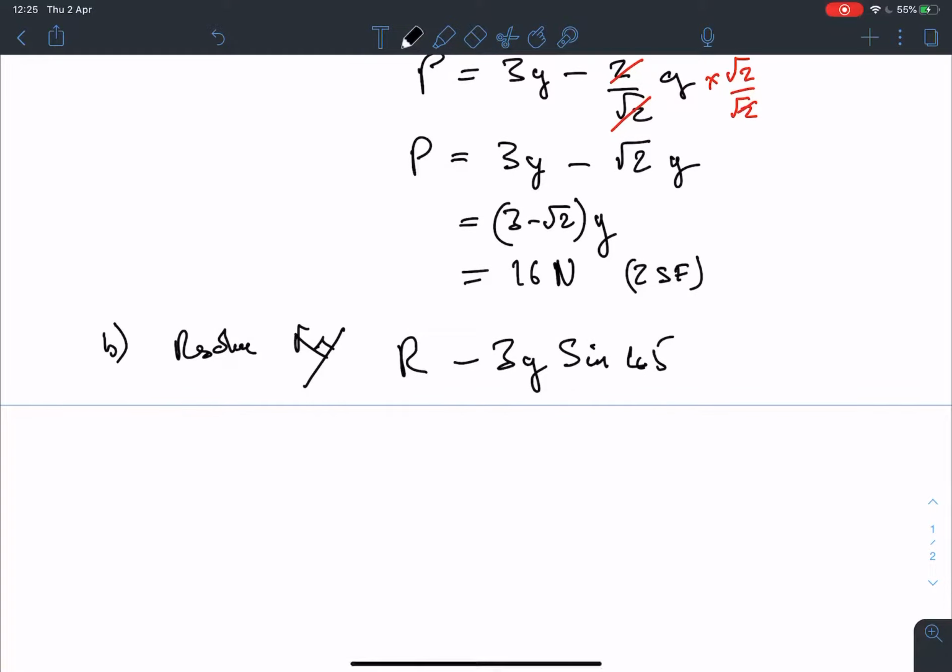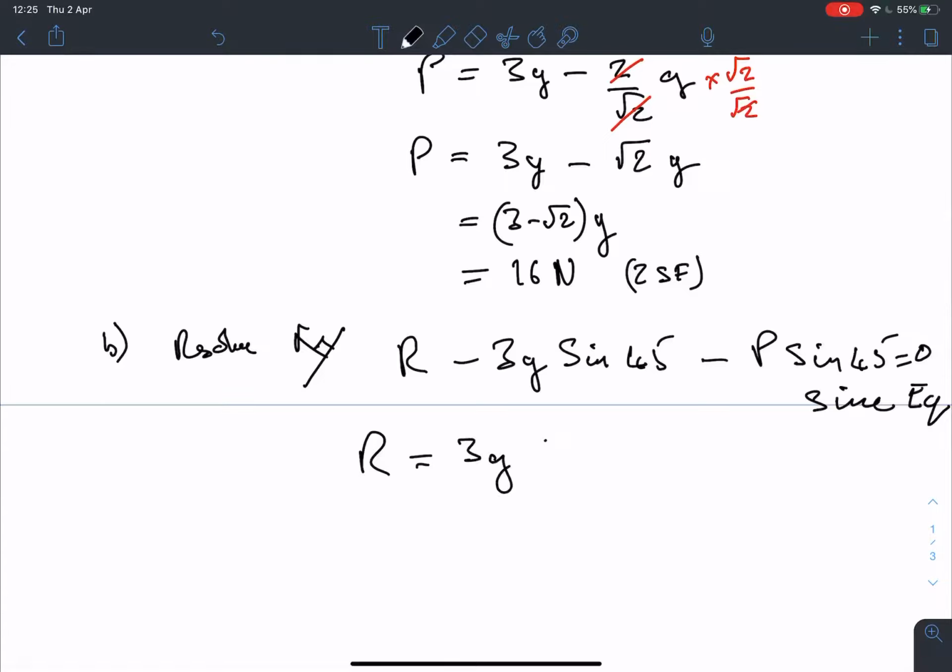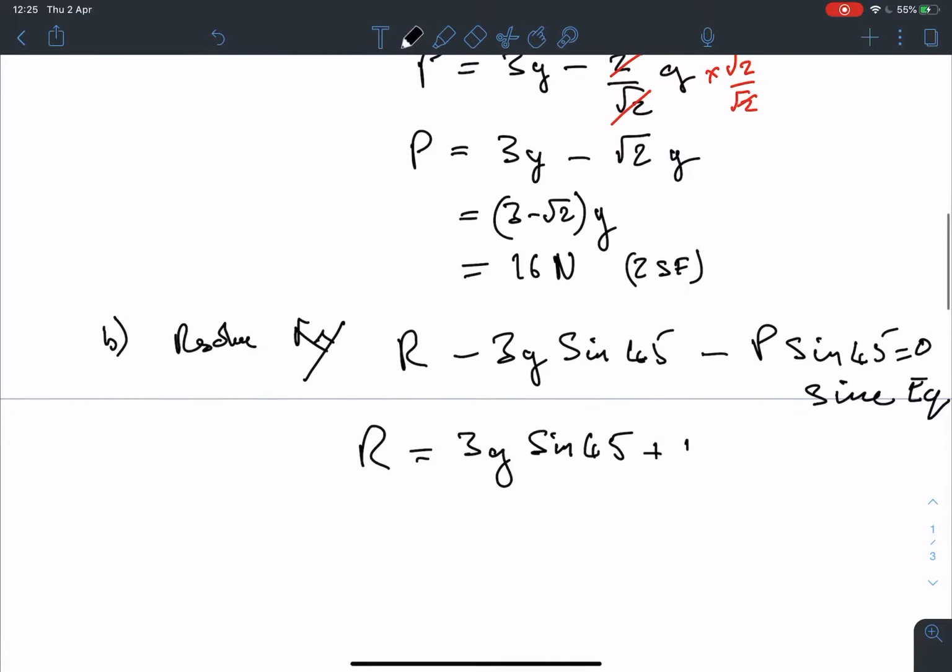We've also got R minus 3G sine 45 minus P sine of 45 equals 0 since equilibrium. So R is equal to 3G sine of 45 plus P sine of 45.